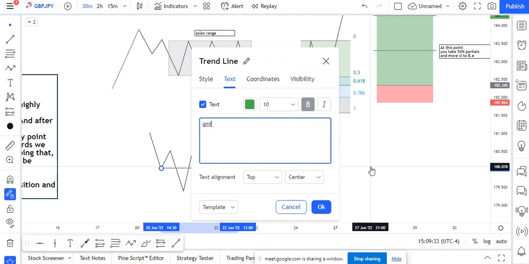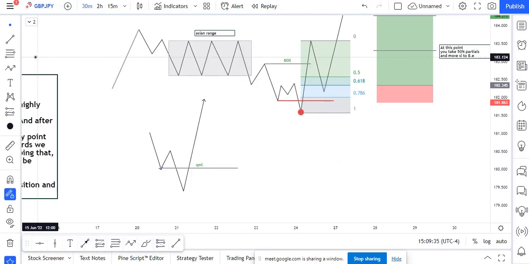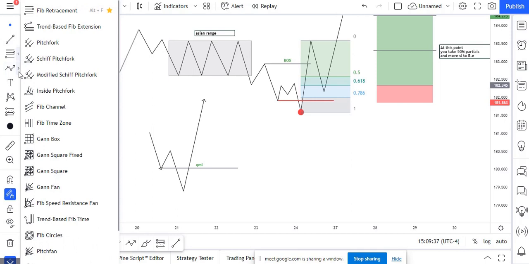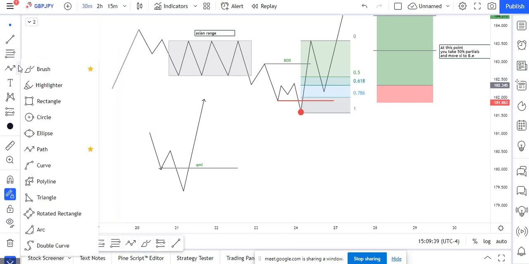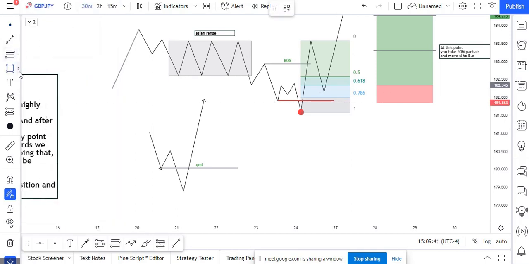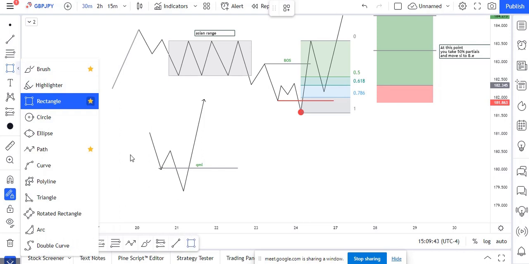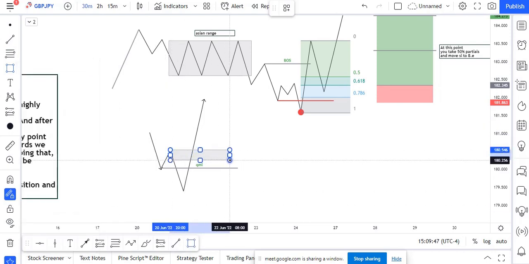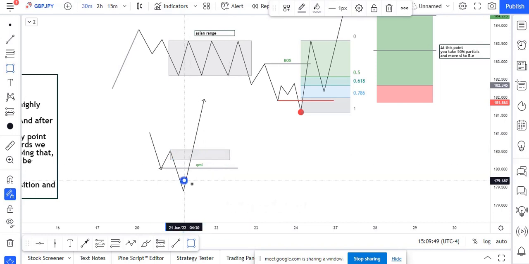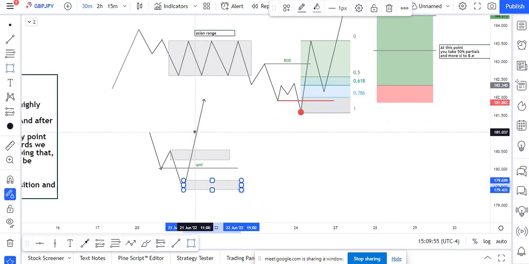Now we also have, where's that? Here, I will just make a favorite. We also have something like a breaker block right here. We also have an order block right here, and obviously, if the move is highly momentous, then we would have some fair value gap in between as well.